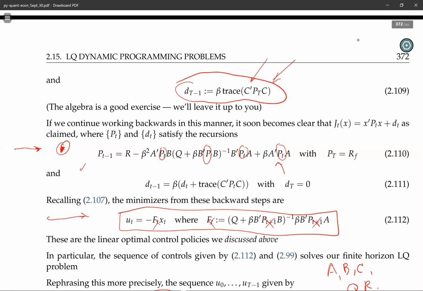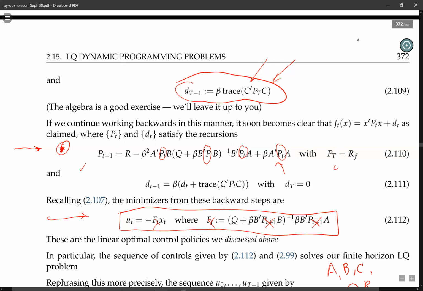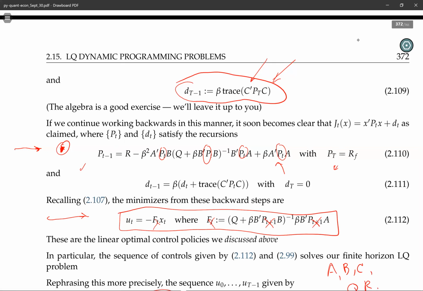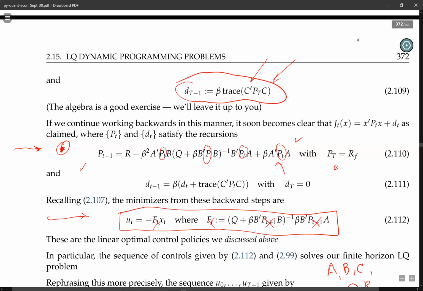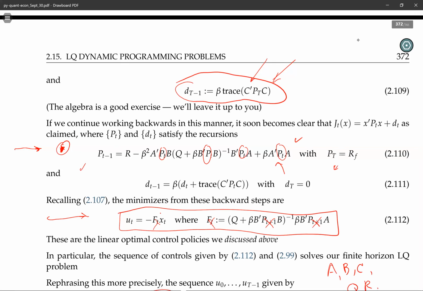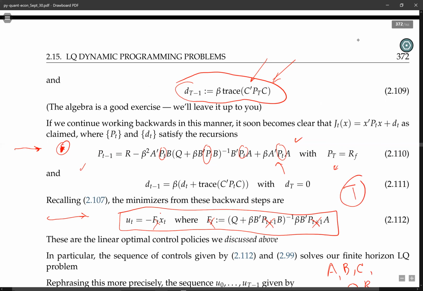Well, it could be true if capital T were very far into the future, and I've iterated on this equation a really, really long time, and these P's converge. So if these P's converged, then the F's will converge. And under some very general conditions, they will. So if we drive capital T toward infinity, we can erase the t's from this equation and this equation.